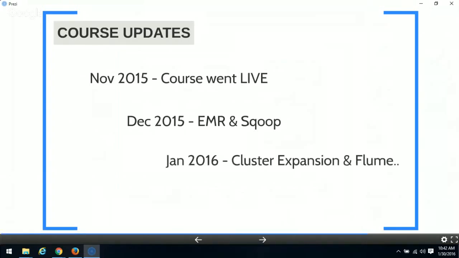January 2016, we had to expand our cluster, right? Our cluster was running out of space, and a couple of our students had issues when they were trying to work out exercises. So we had to expand the space on the cluster. We didn't add more nodes, because what we have right now is good, but we needed more space.